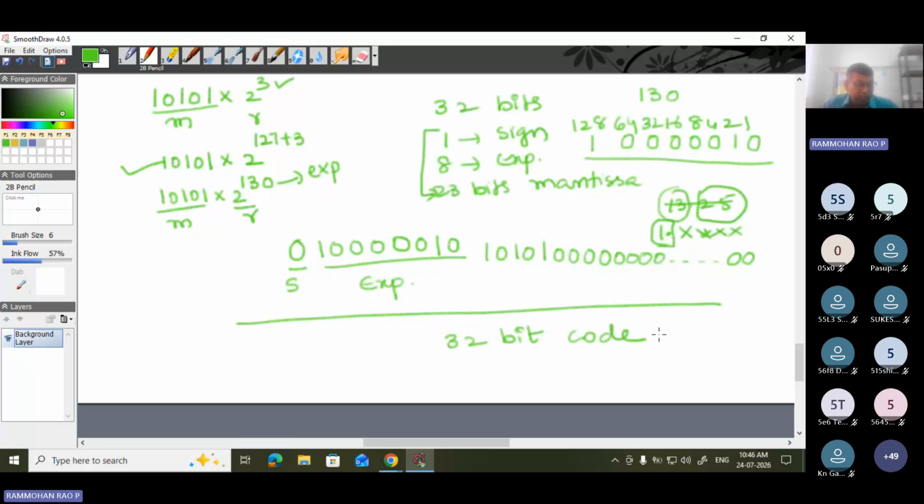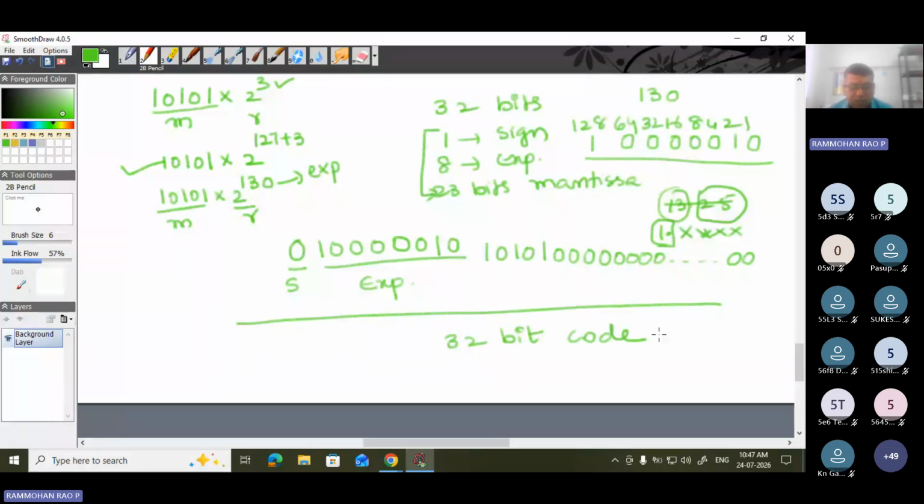Internally, the floating point number 13.25 was written as 1101.01, then we made it 1 point something, and finally the number gets stored in this form.